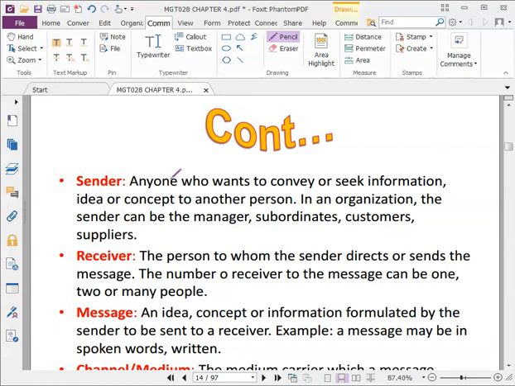Contoh penghantar tu boleh jadi manager ataupun subordinate ataupun orang bawahan kan. Okay, dia yang menghantar mesej tersebut. Atau boleh jadi customer, okay, outside of the organization, customer ataupun supplier. Okay, that is sender, orang yang menghantar message tersebut.